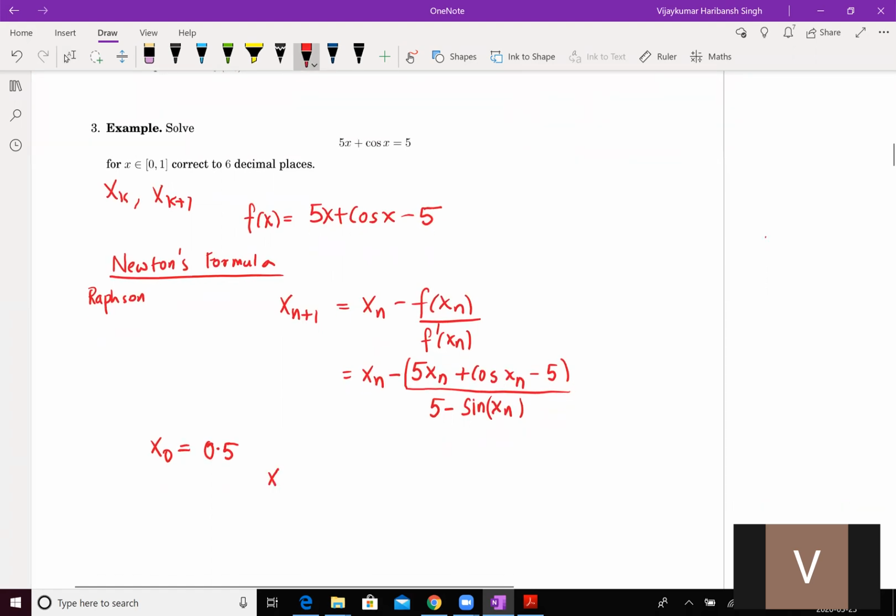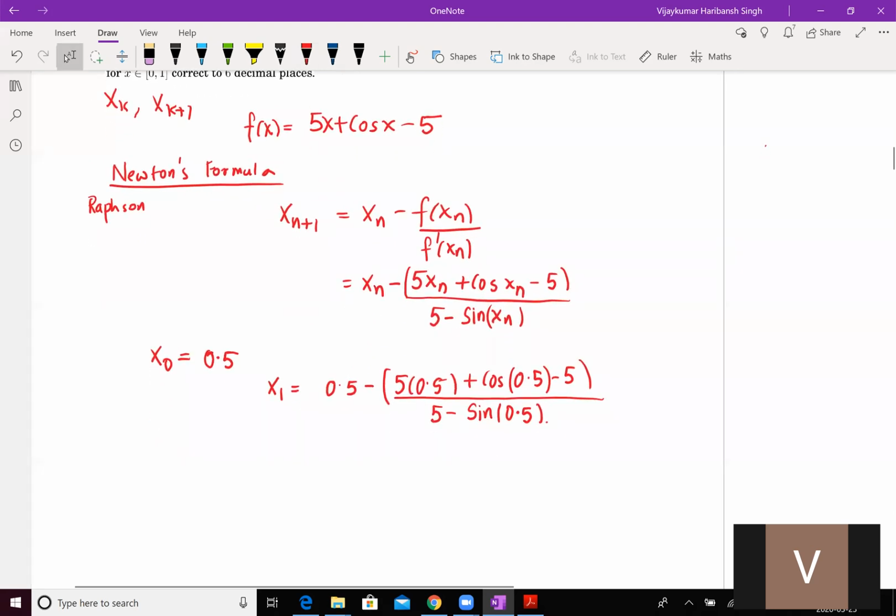Then x1 is going to be 0.5 minus the quantity 5 times 0.5 plus cos of 0.5 minus 5, divided by 5 minus sine of 0.5. Okay, so now can you compute this?